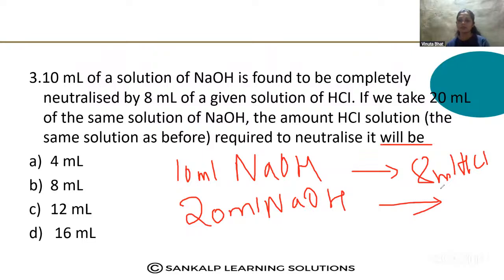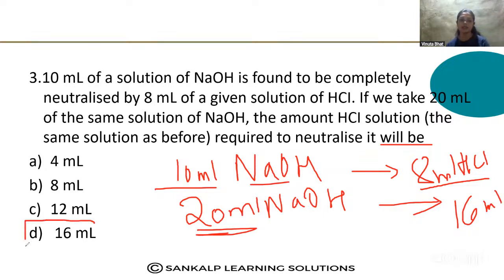Same solution: 8 ml for 10 ml sodium hydroxide. So here 20 ml, that is doubled. So here 8 ml becomes 16 ml HCl required. So option D, 16 ml.